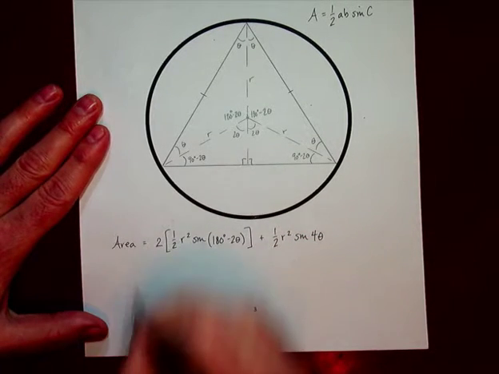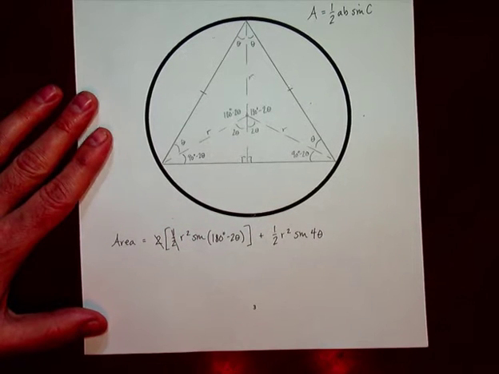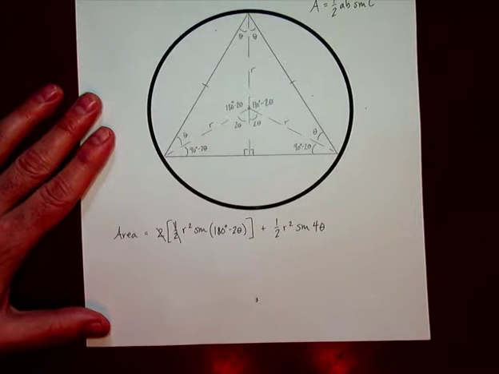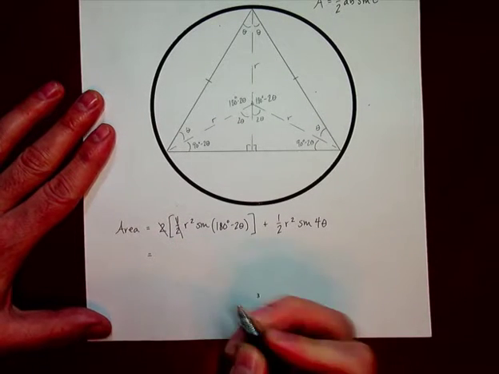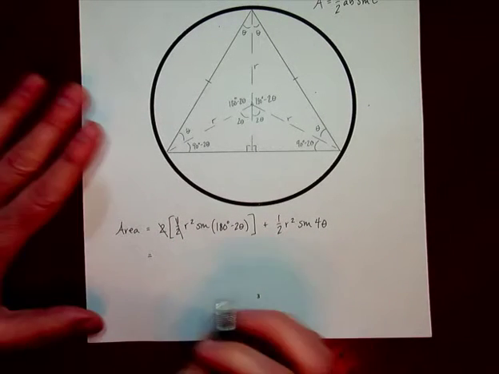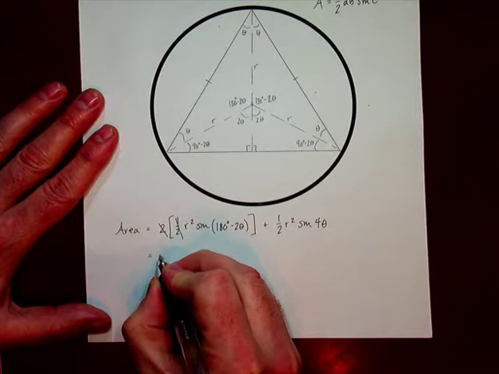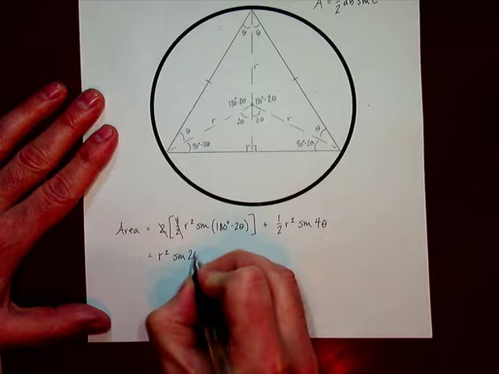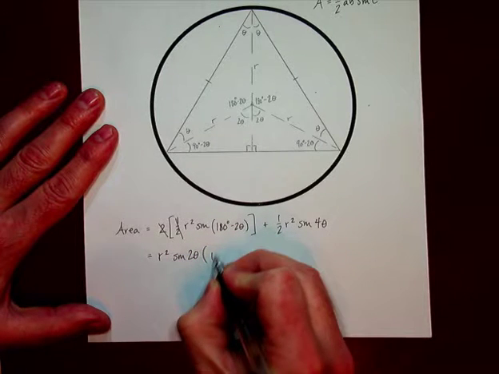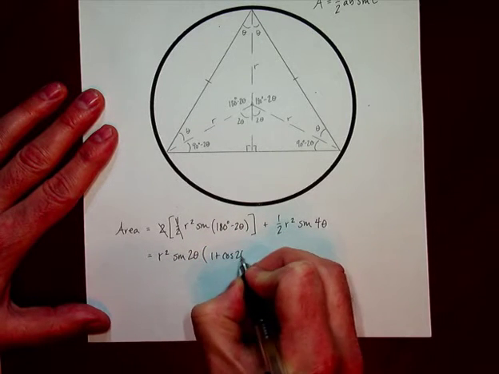Now, this and this obviously cross out, and we can use some identities to simplify this down. I'm not going to do all of those details, but once I actually get it simplified, it's R squared sine of 2 theta times 1 plus cosine of 2 theta.